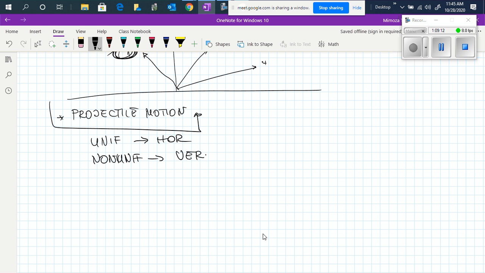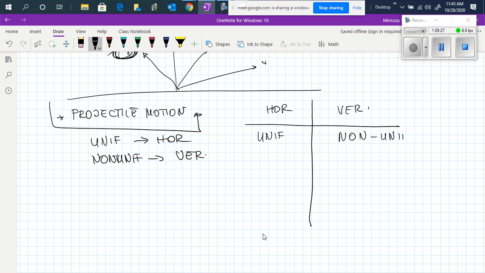In order to solve any projectile motion, we build again a table, because we love tables. Horizontal and vertical is uniform and non-uniform.